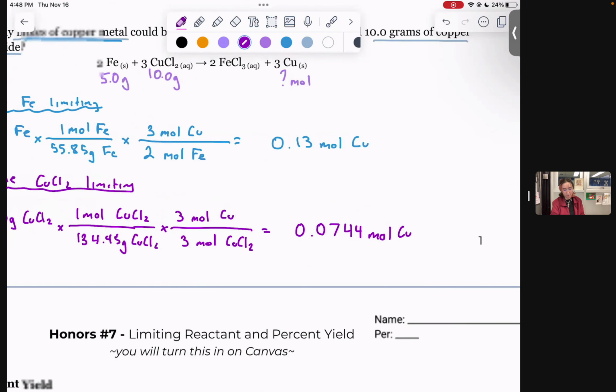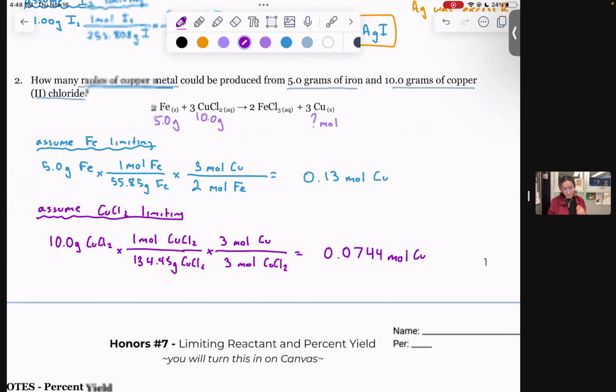Cool. So, looking at this, how much copper could I actually make? How many moles of copper are actually going to be produced by mixing together 5 grams of this and 10 grams of that? You're looking for your smaller number. You're actually going to be able to create this many moles of copper, which is interesting.